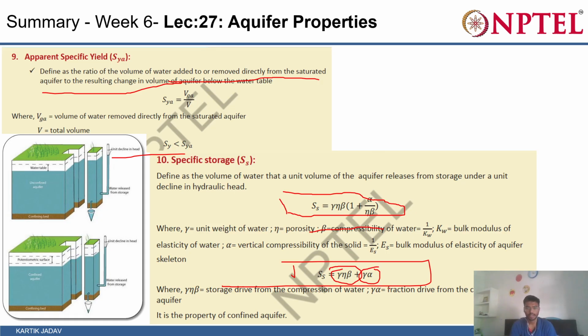So specific storage is the volume of water that a unit volume of aquifer releases per unit decline in hydraulic head.